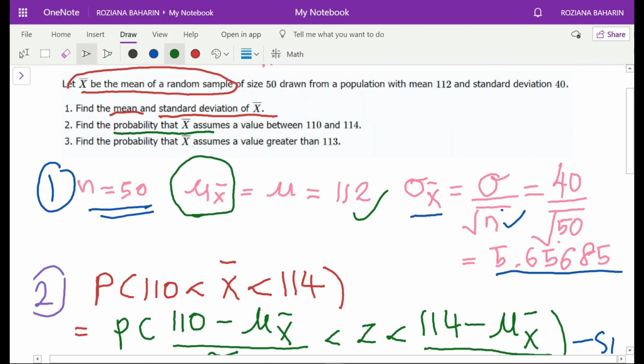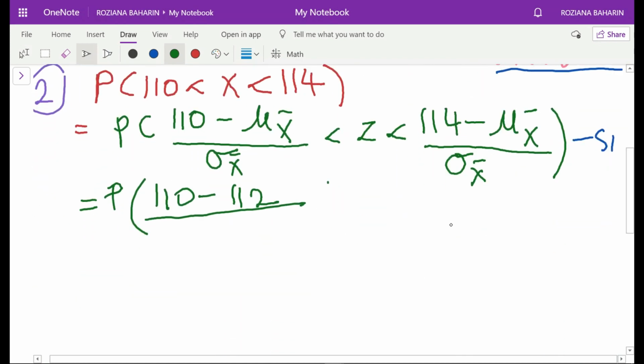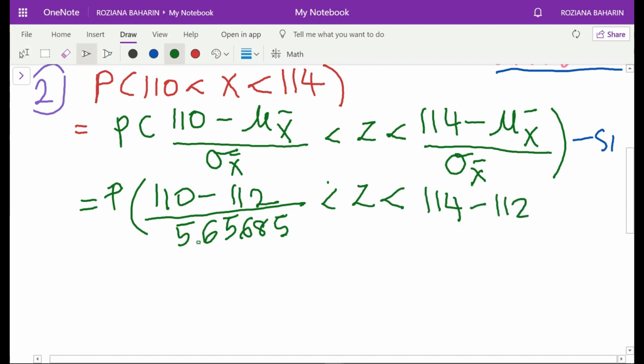So the standard deviation you need to plug in is 5.65685. Then Z is between that, and here again 114 minus 112 divided by 5.65685. We consider this your step 2.